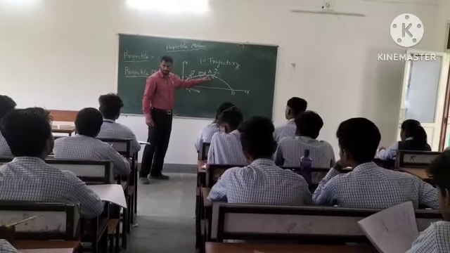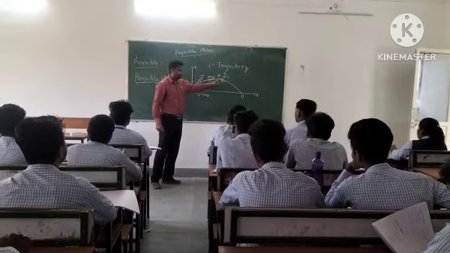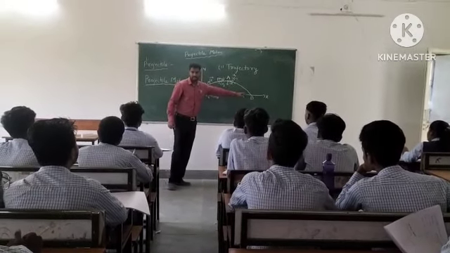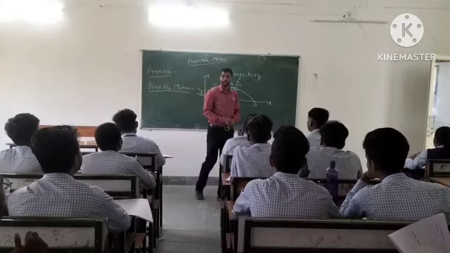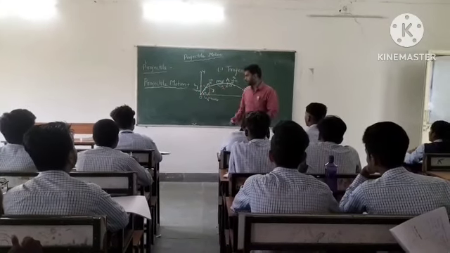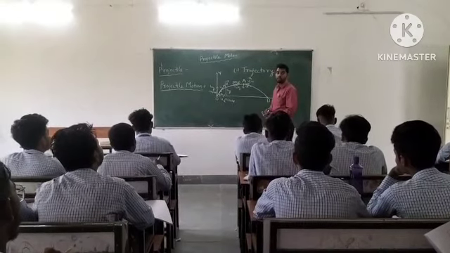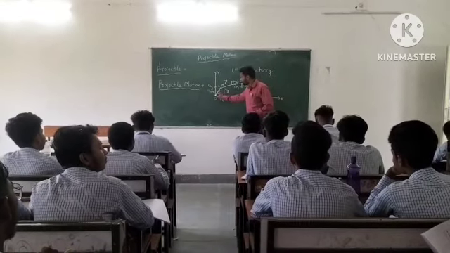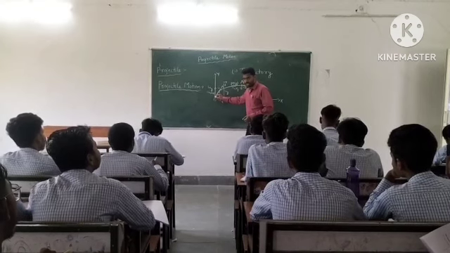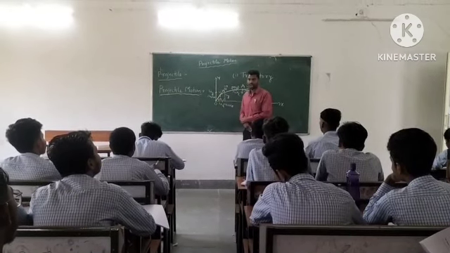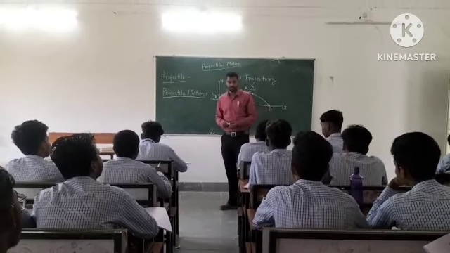It will be minimum at A, and it will increase from A to B. At point B, we know that it will achieve the initial velocity.